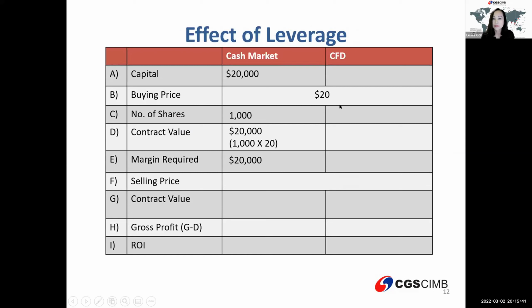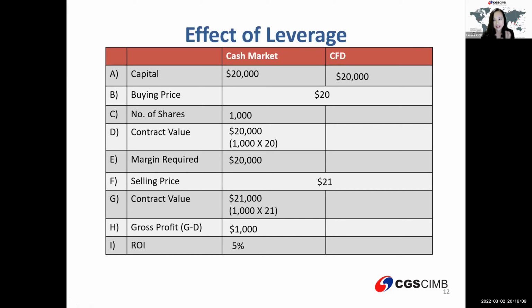The maximum number of shares I can buy is up to 1,000 shares, with a contract value of 20,000. Of course, in this scenario, I'm just taking the rough figure without calculating the commission and all. So if the price goes up by $1, I bought at $20 and I sold at 21, my gross profit is $1,000. So the ROI is 5%.